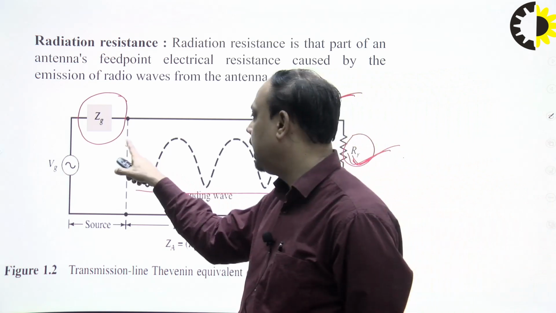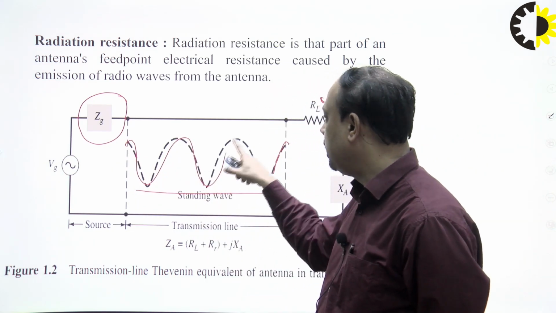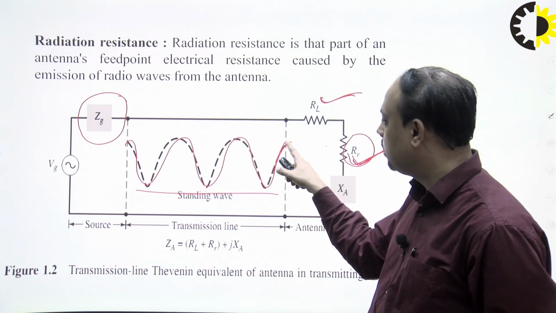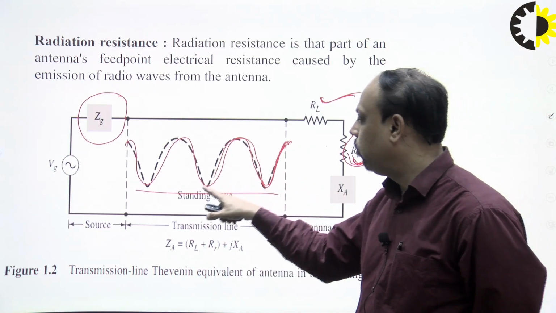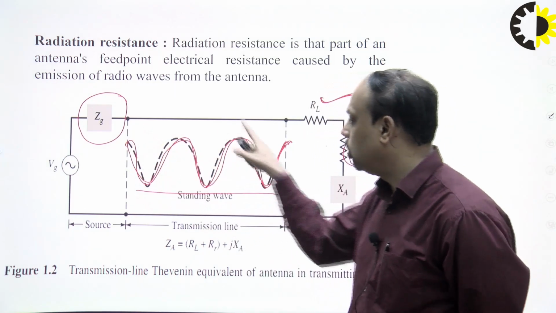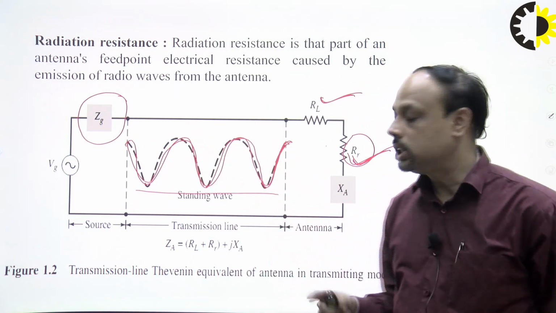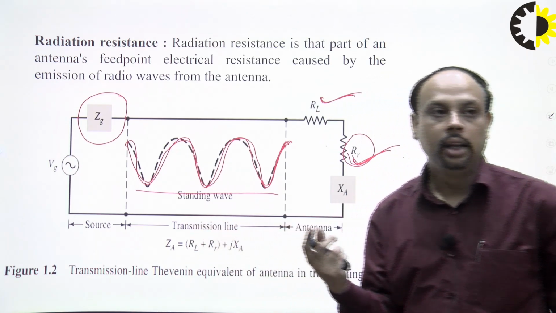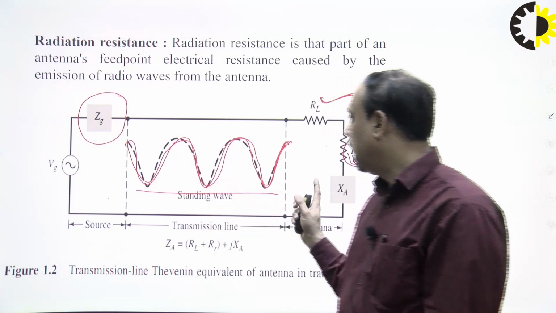When the wave is coming like this from the source to the antenna, due to that mismatch some wave goes back and forms the standing wave scenario. This standing wave is present in the transmission line, which connects the source to the antenna.